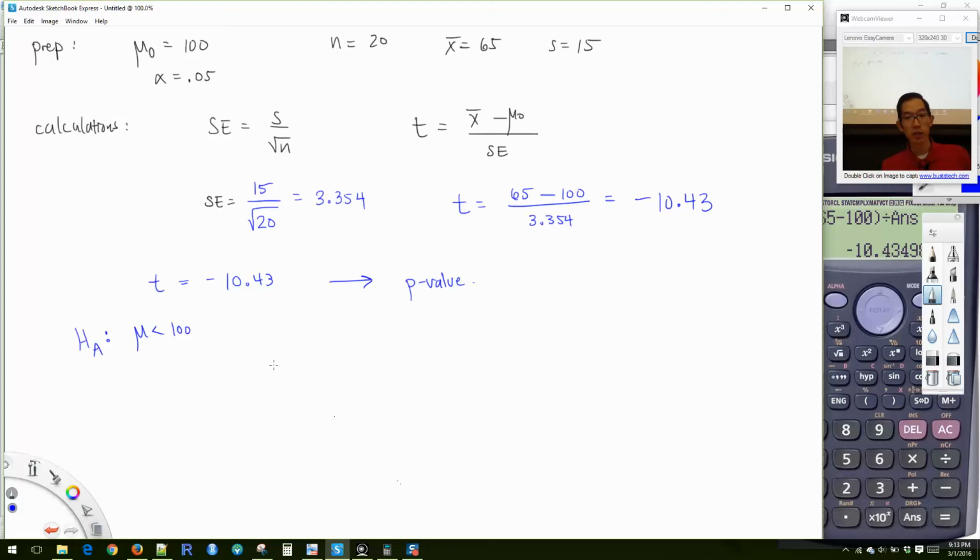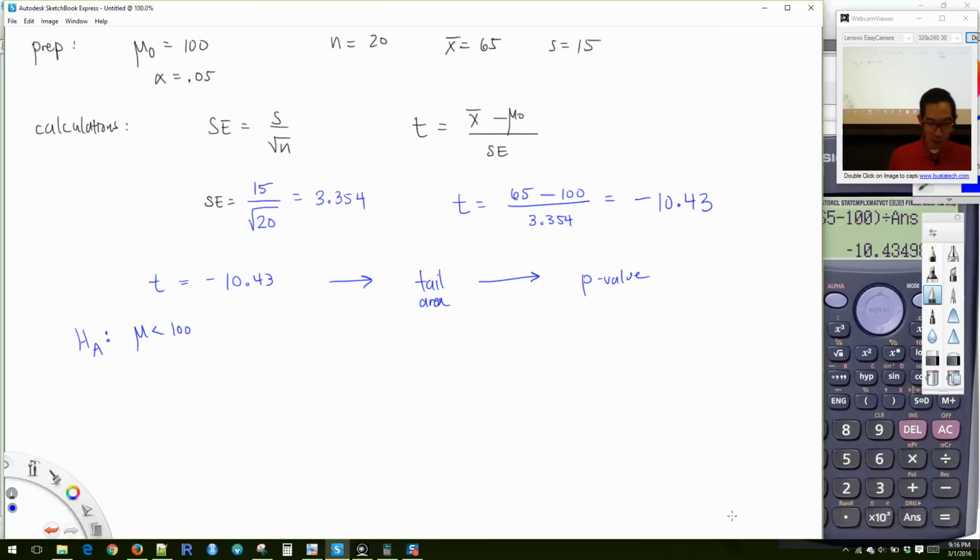Go ahead and take a minute to see if you can get the p-value associated with this t. The steps are: go from a T to a tail area, and from a tail area to a P value.